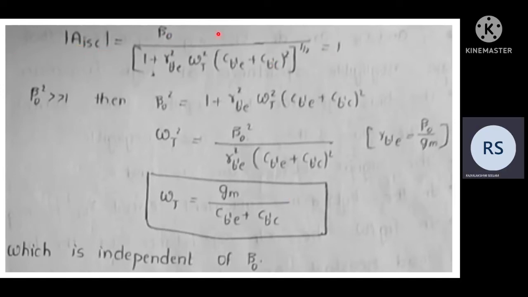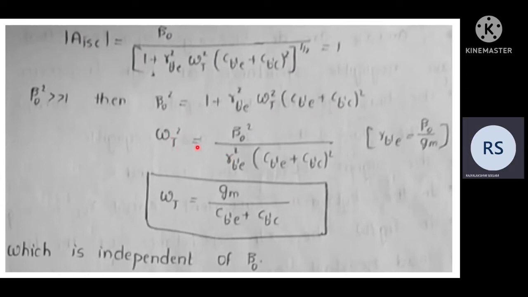Already we have this one: beta naught by (1 plus r square b'e omega t square (C_b'e plus C_b'c) whole square) whole power 1 by 2, which we are equating to unity 1. Since beta naught square is far greater than 1, beta naught square equals 1 plus r square b'e omega square (C_b'e plus C_b'c) whole square.